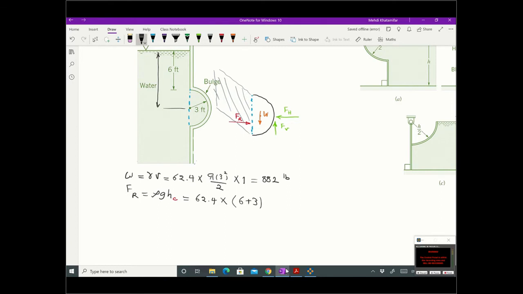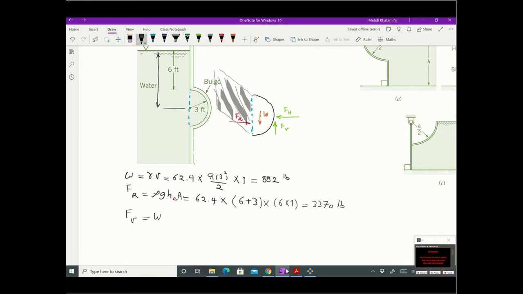Of course I forgot the area here, and this is the area, so area is going to be 6 times 1, and the value for this is going to be 3,370 pounds.